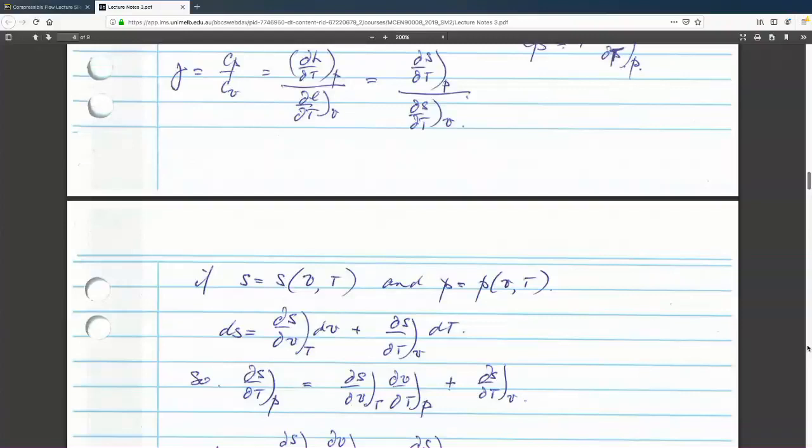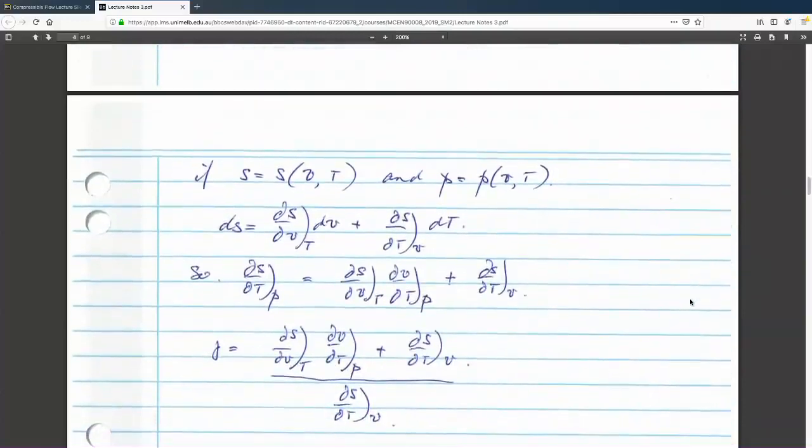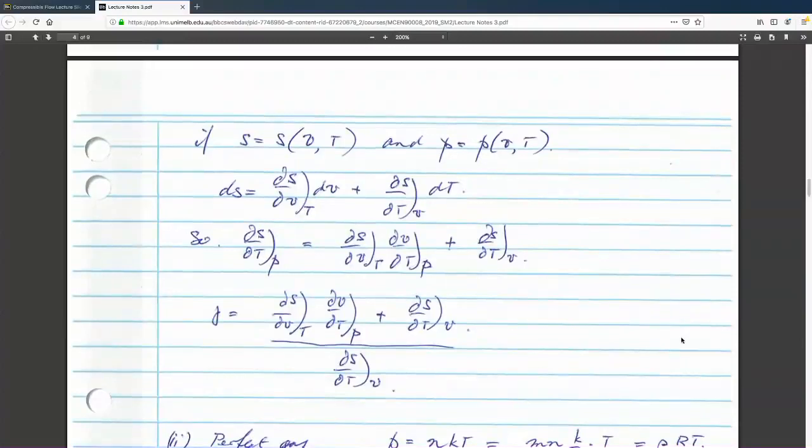Let me take dS and divide it by delta T and do this at fixed pressure. Then that'll be this term, dV/dT at fixed pressure, plus dS/dT at fixed volume, since I'm dividing by delta T. So gamma, which is dS/dT at fixed pressure, becomes this expression here.